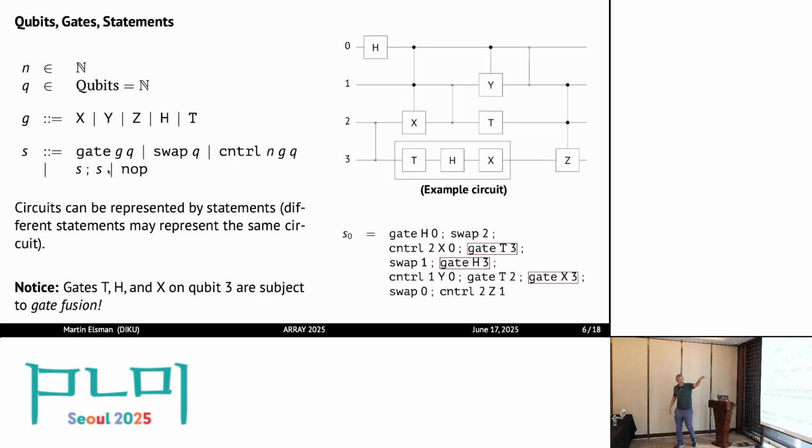Now, looking at the circuit down here, you can write up the statement S0 that specifies the circuit. You can imagine writing up different statements that will specify the same circuit. As you can see, there are some associativity possibilities between the statements, where you can flip them around if they operate on different qubits.